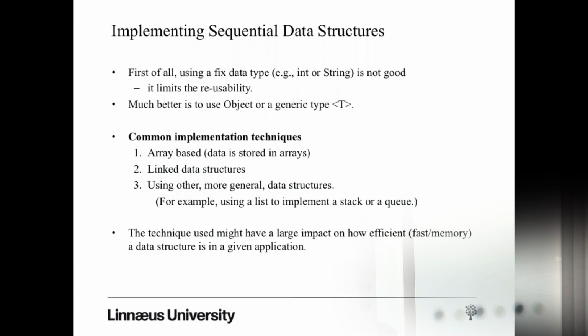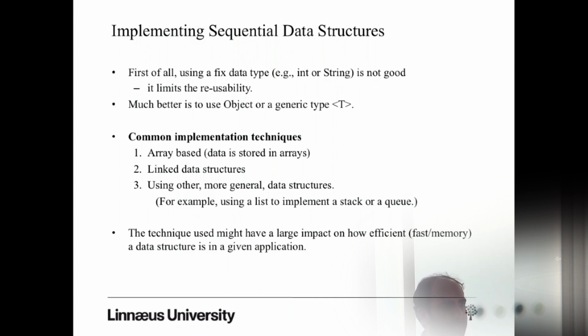So for example, if you decide to use an array, we know that we can have a problem with the size, because if you use an array to store data, you need to specify the size. And then if that array becomes full, you need to create a new array. So that's an extra cost. Another option is that you can use an array list, but we will see that we also have a problem with the array list.